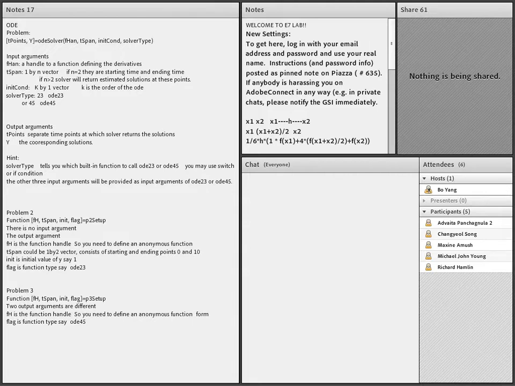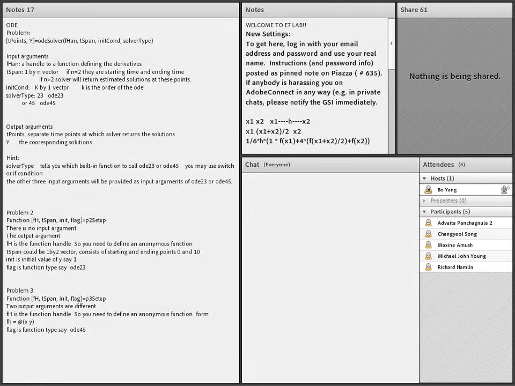So your function handle should be different. When you define the function handle, you probably need to declare the variables. In this case, both x and y will be the variables, but sometimes, for example in problem 2, it is cosine x.